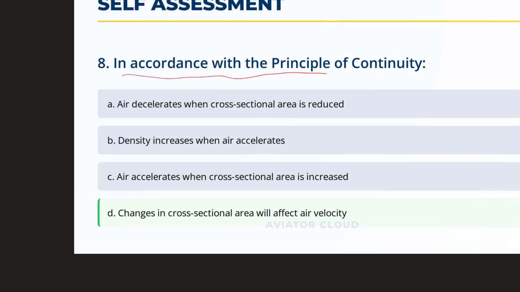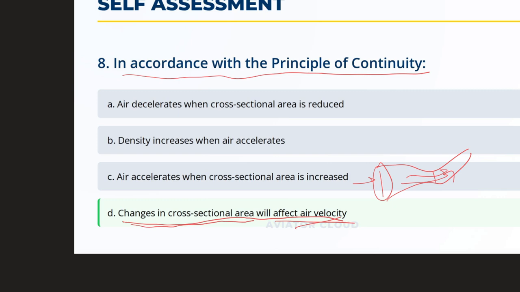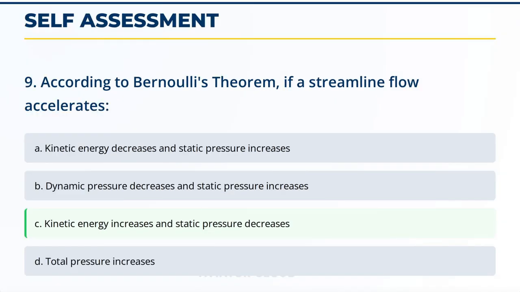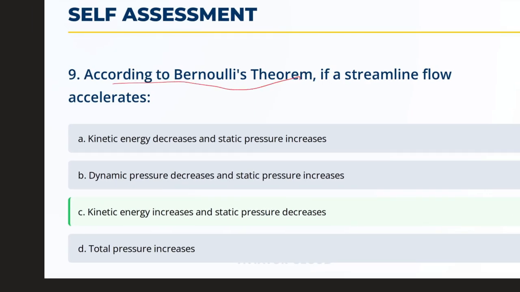In accordance with the principle of continuity, changes in cross-sectional area will affect air velocity. Yes, already we have seen this. Air velocity is less in the larger area, and air velocity is more in the smaller area. According to Bernoulli's theorem, if a streamline flow accelerates, kinetic energy increases.